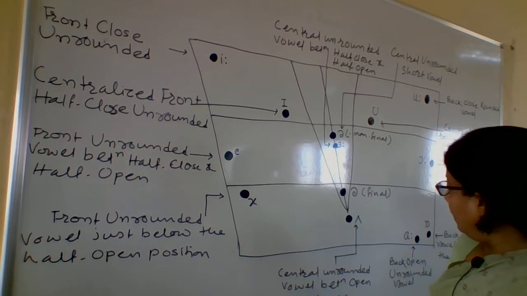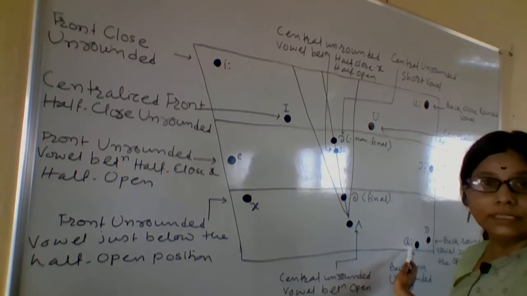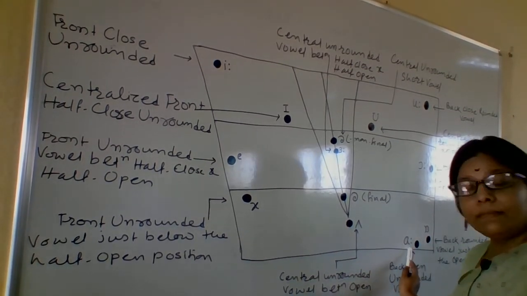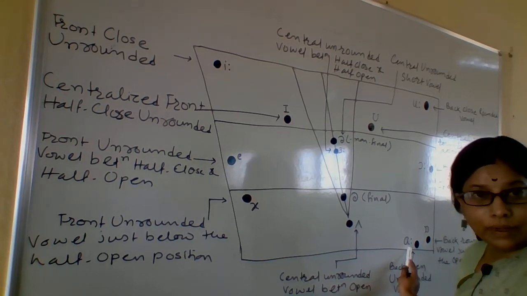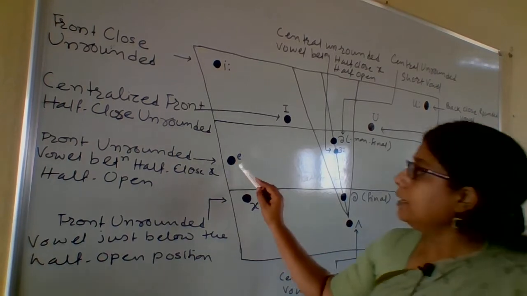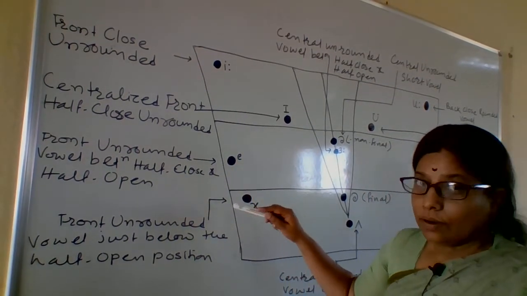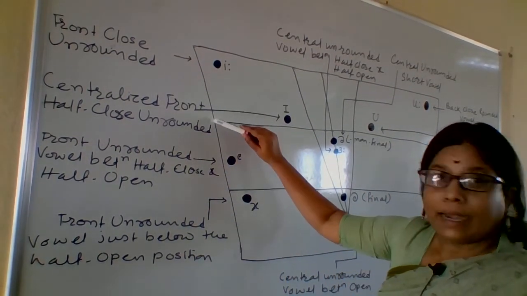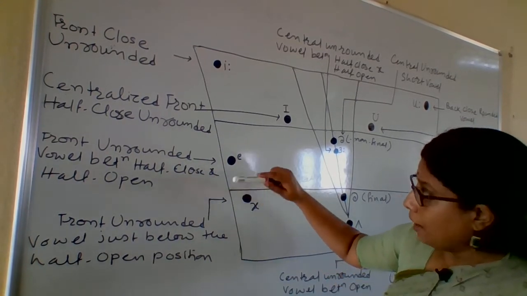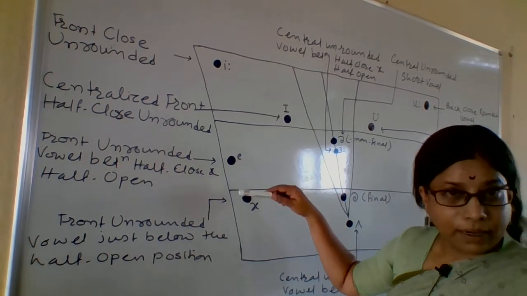But in case of this a, it is an open vowel because the tongue is in the open position. Here it is a vowel between half open and half closed position. This is its label given according to the height of the tongue.